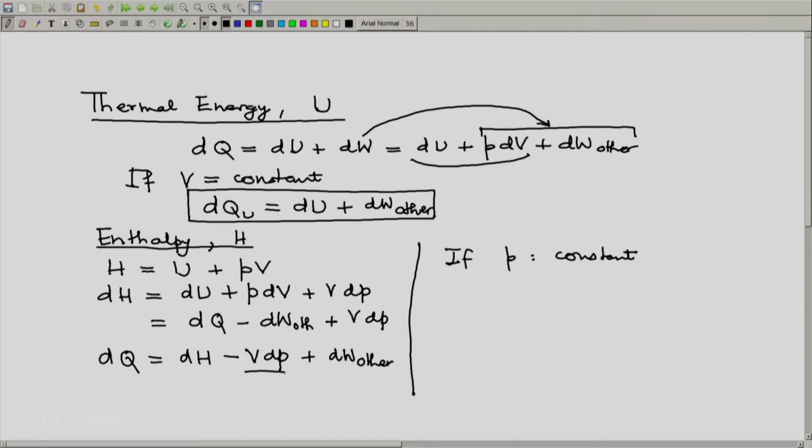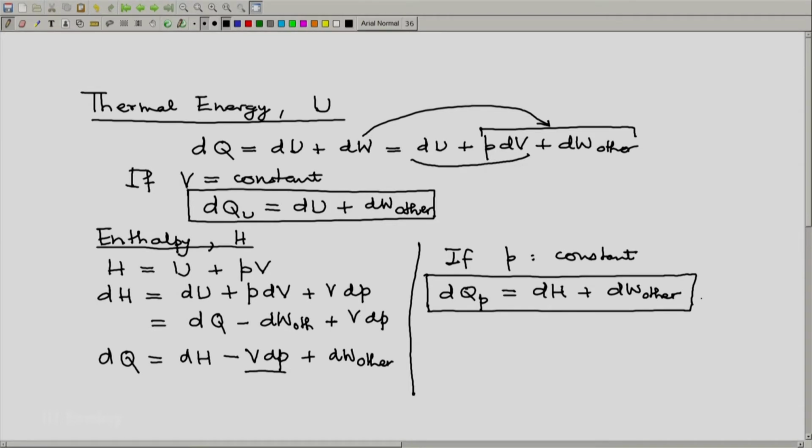So this term drops out, and then you will get dQ at constant pressure equals dH plus dW other. A relation similar to the relation which we got earlier. This is the relation at constant volume, this is the relation at constant pressure.